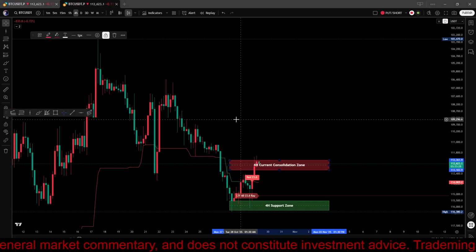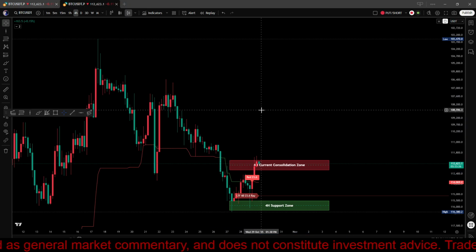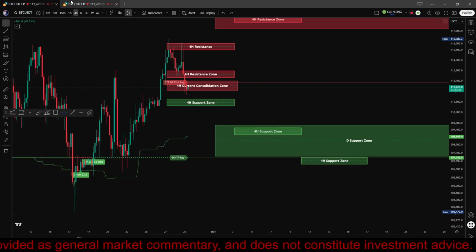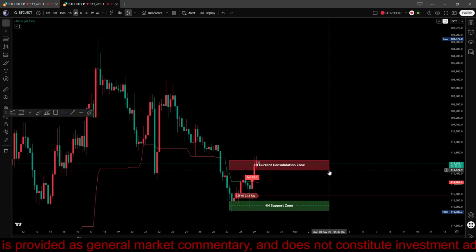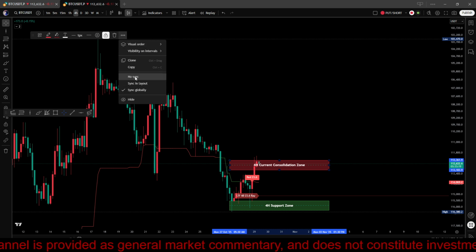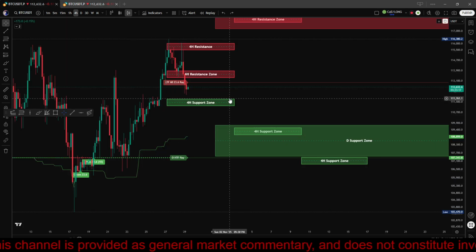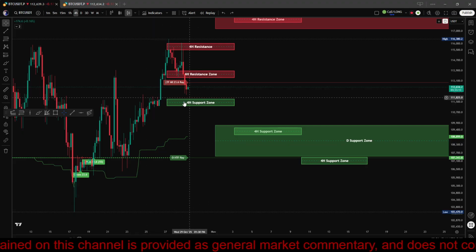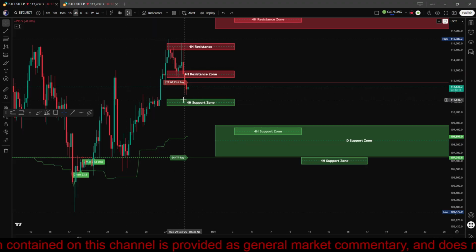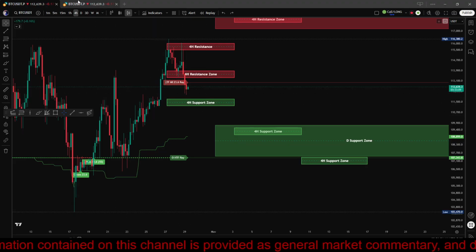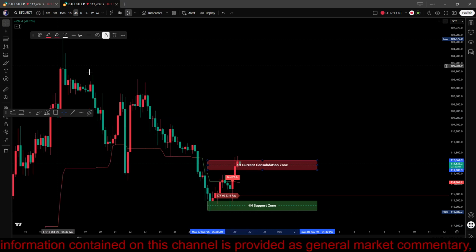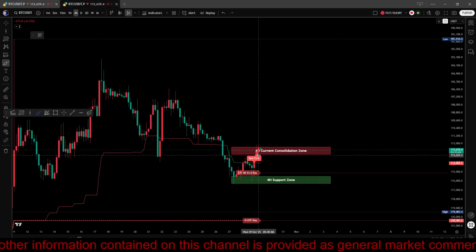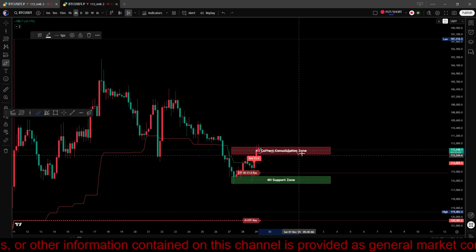Let me do this again, back to normal. We already have an actual support for the bullish on this 4-hour support zone. So right now in this bearish, downtrend view, we are in the consolidation phase.